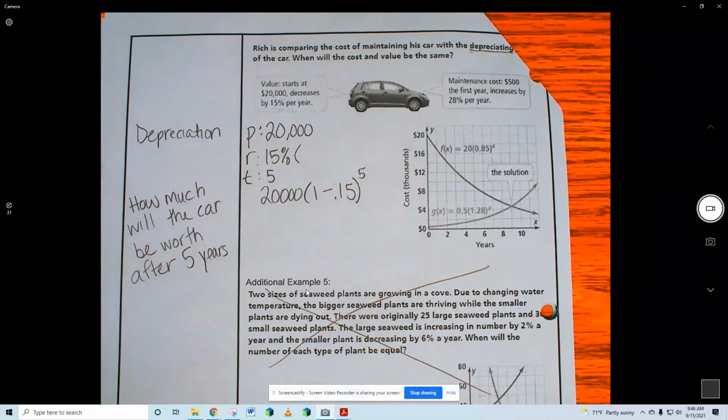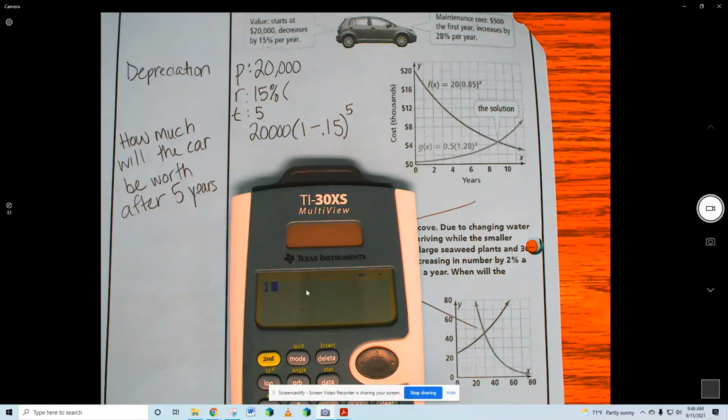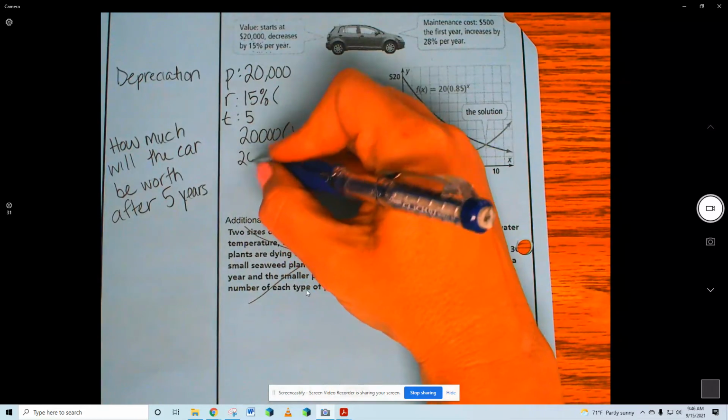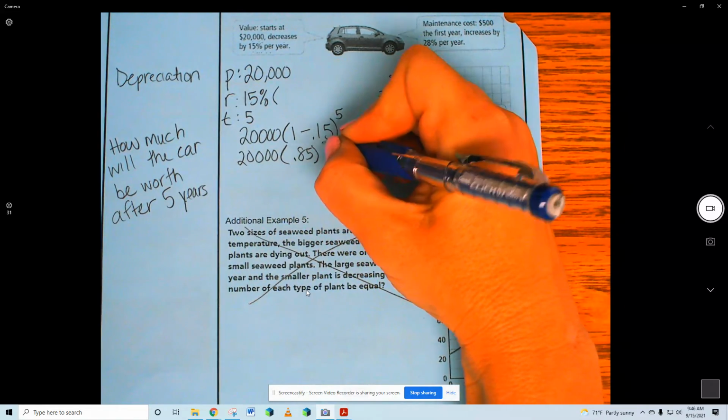You need to do on your calculator 1 minus 0.15. $1 minus 15 cents. Maybe you can do that in your head. $20,000 times 0.85 to the 5th.